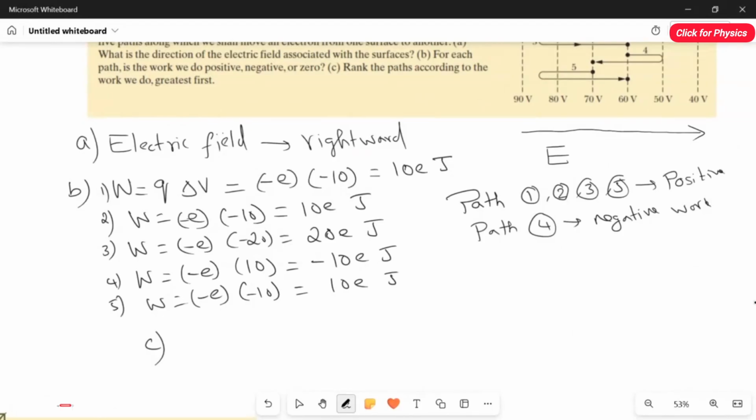Then path 1, path 2, and path 5 have the same work. So the third path is greatest, then 1 equals 2 equals 5, and the last one is negative, the fourth path. So this is the answer for this question. Clear? That's it. Thank you.